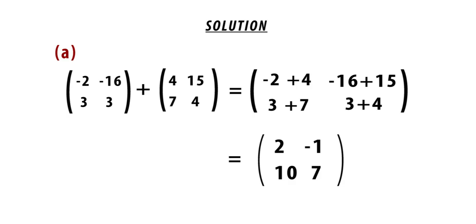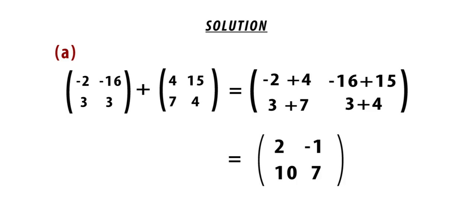Adding the corresponding elements, we will have negative 2 plus 4, negative 16 plus 15, 3 plus 7, and 3 plus 4. And we'll simplify that to get 2, negative 1, 10, 7 as our answer. Good.